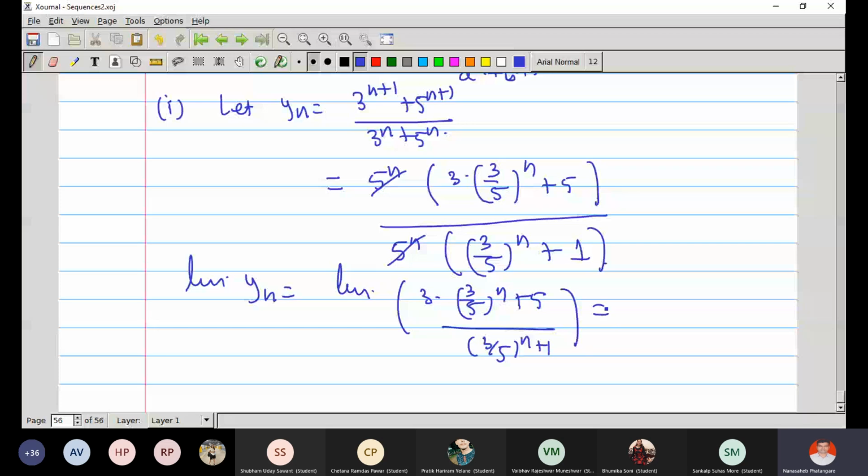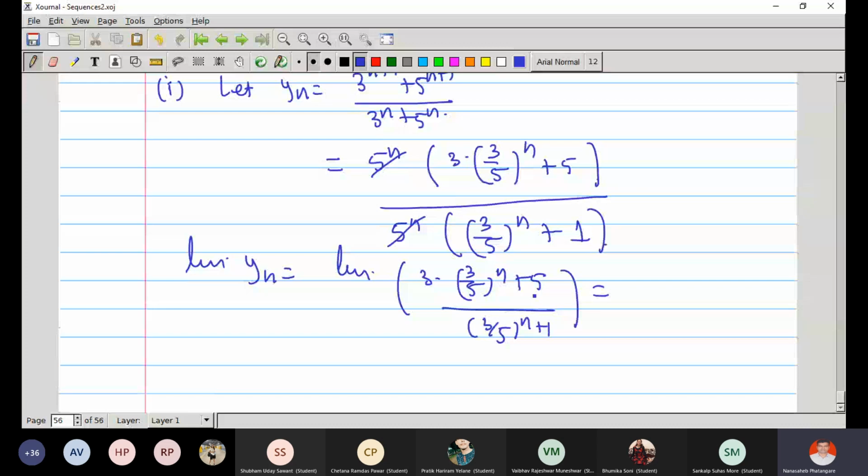Now use the algebra of limits. Limit of a quotient is the quotient of limits, and so on, all the properties. So what is the limit of the numerator? 3 into 3 is constant. What is the limit of 3 upon 5 raised to n? 0. 0 plus the limit of 5 is 5 because 5 is a constant.